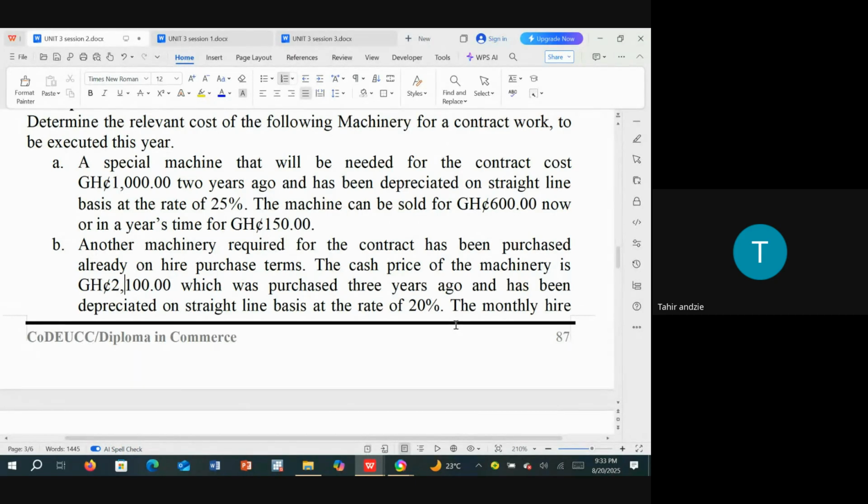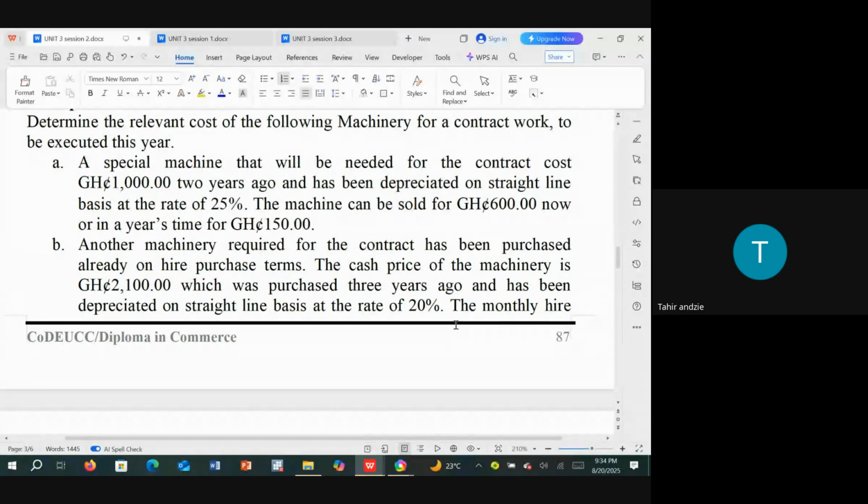And the incremental cost of using the machine can be the hiring charges, or the fall in resale value as a result of use, and other incremental repairs. So what is the relevant cost of machine A?